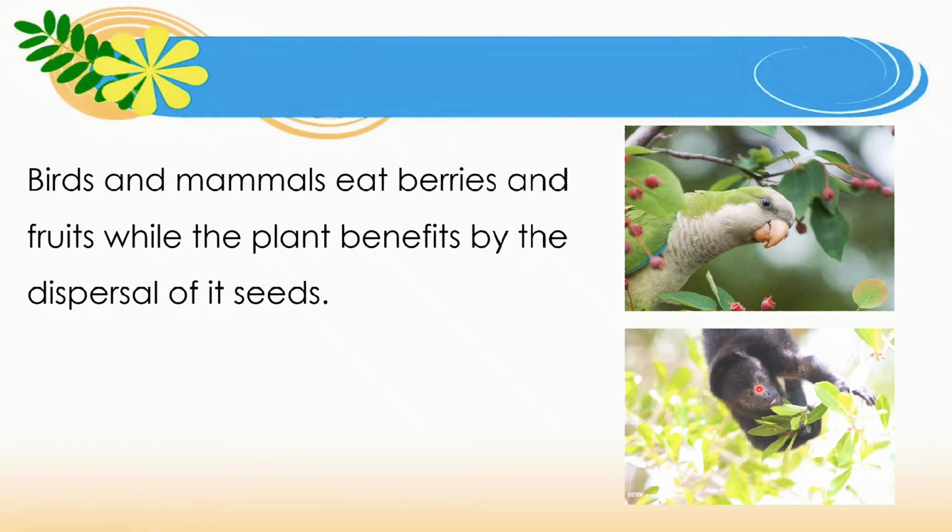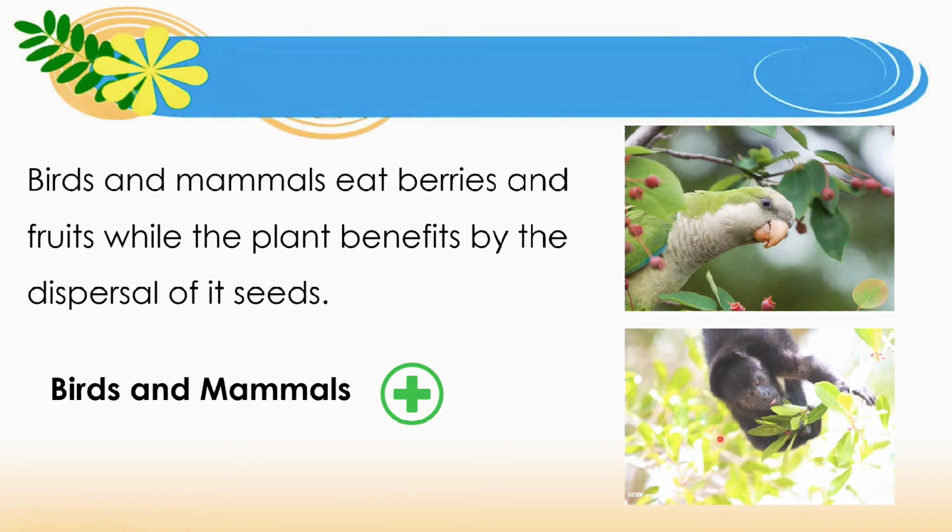Why? Because of the dispersal of the seeds everywhere. So that's why these berries will grow anywhere. Okay. So birds and mammals get the positive, and then this bear is also a positive one.